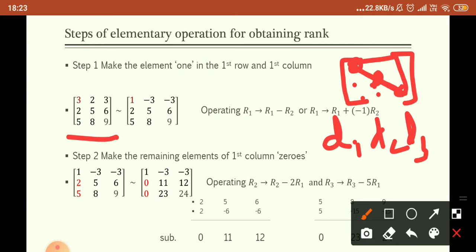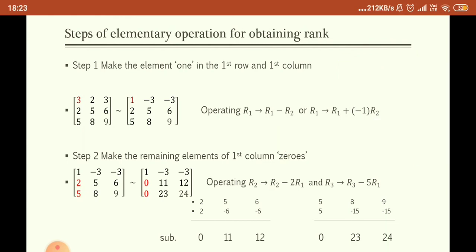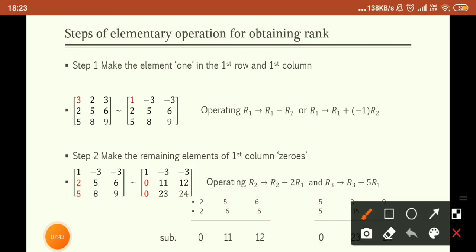So the determinant of this type of matrix will be their product, and when you get the product of diagonal elements equal to the determinant, then you can say whether it is 0 or not 0. If it is 0, then the rank will be less than 3, and if it is not 0, the rank will be 3, in the case A is of order 3. So this is our purpose, to make this matrix like this. This is the diagonal line, below the diagonal we have to make the elements 0.